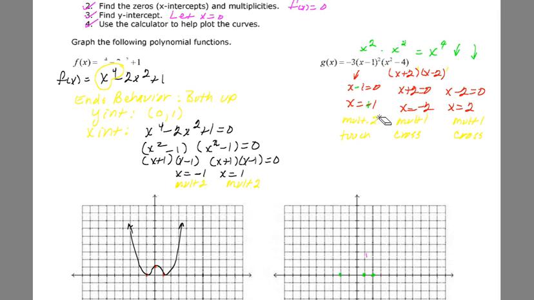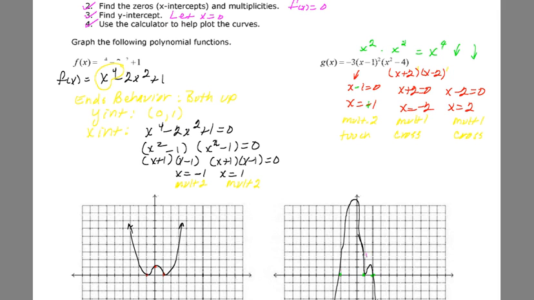So we said it was going to touch here at the positive 1, right there, and it's crossing at the negative 2, and it's going to cross at the positive 2. And both ends go down. So what we saw is something that went way out of bounds, but it eventually comes back down. It's going to touch there, come back up and cross.